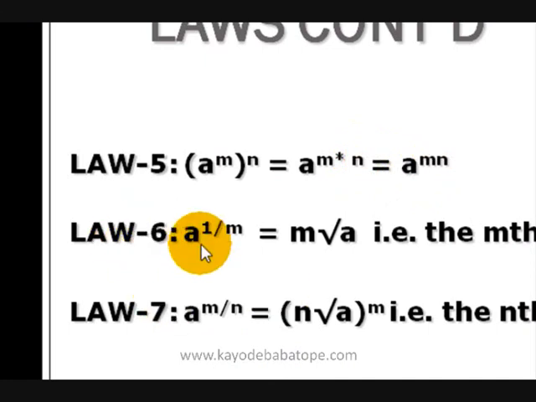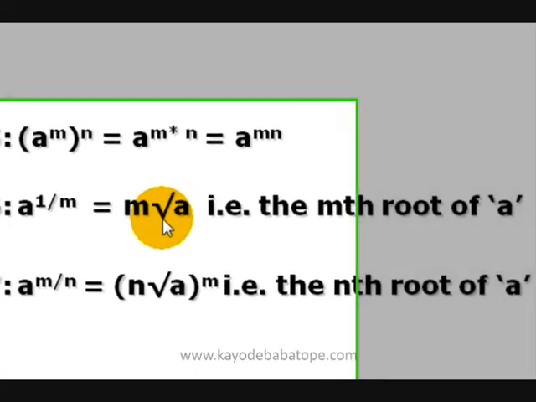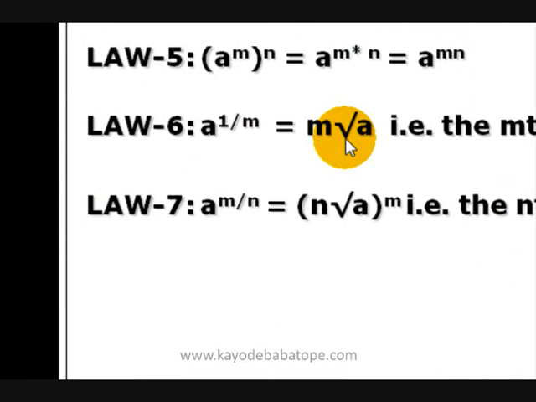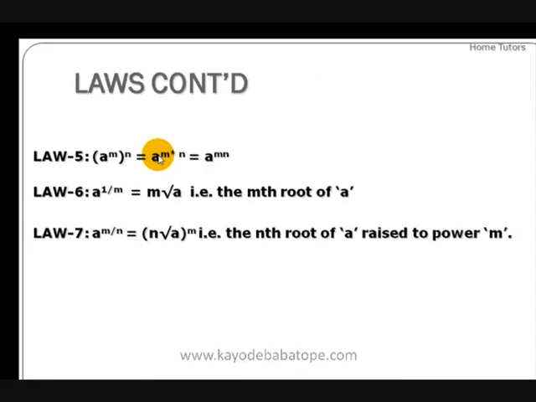Law 6 says a raised to power 1 over m is equal to the mth root of a. And finally, law 7 says a raised to power m over n is equal to the nth root of a raised to power m. These additional laws are very, very important in manipulating indices.